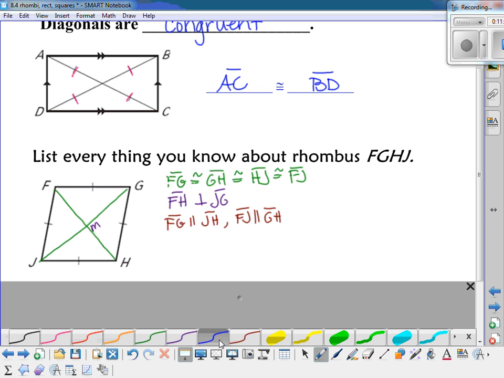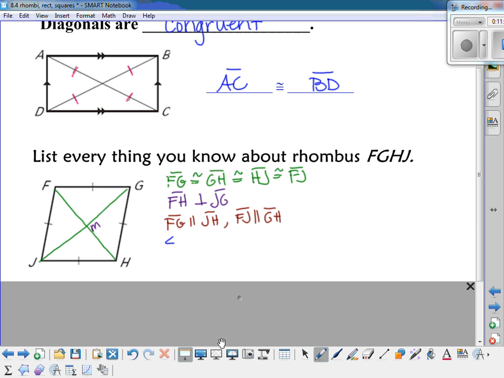So angle FGH is congruent to angle FJH. Got my little angle sign there. And I know that angle JFG would have to be congruent to angle JHG, because opposite angles on a parallelogram are congruent.